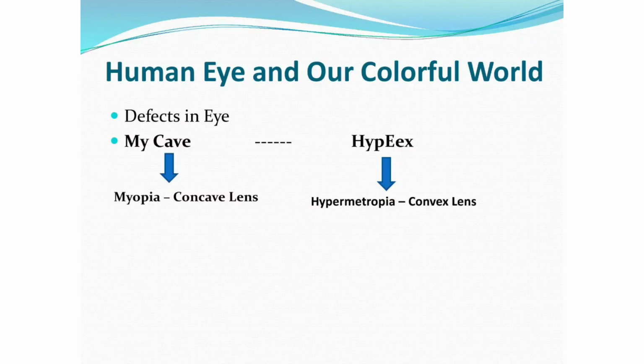Another important chapter in biology is the human eye and the colourful world. In this chapter, they ask which lens you will use to correct myopia. The mnemonics are: mycave, hypex. Myopia, concave lens; hypermetropia, convex lens.